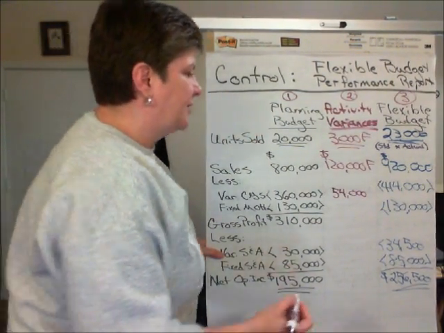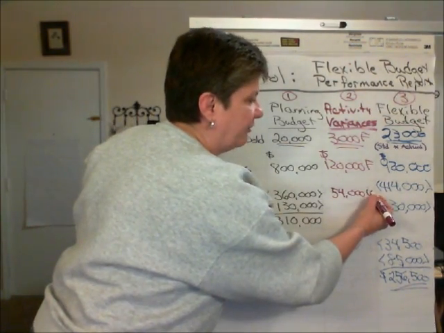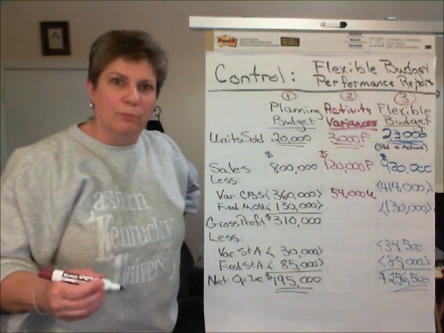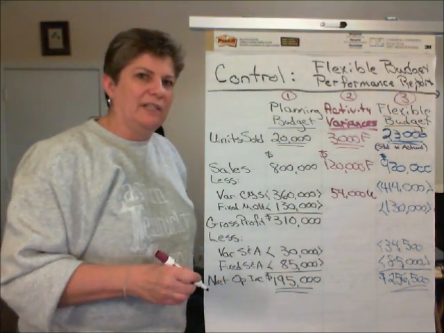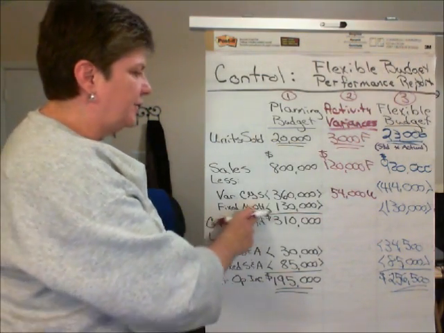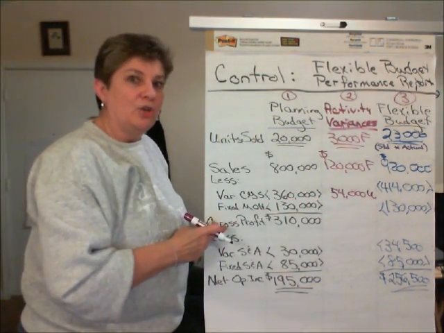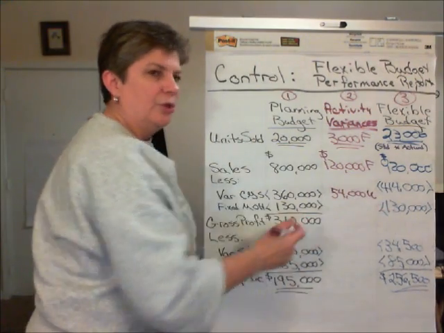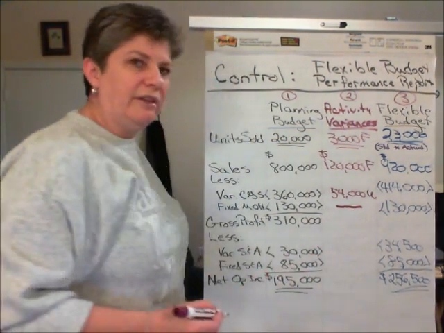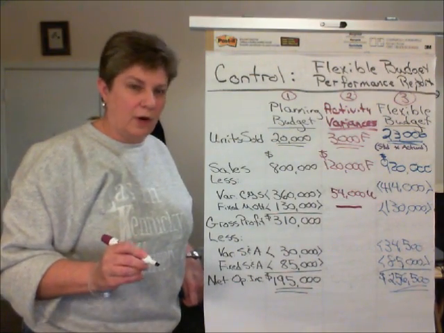And that is, if you will, unfavorable because we naturally incurred more cost at a higher activity level than the standard called for. Now, notice the fixed overhead should not have changed due to activity.